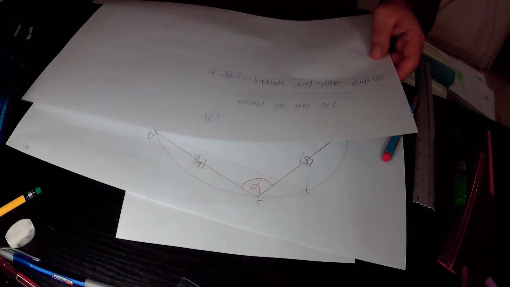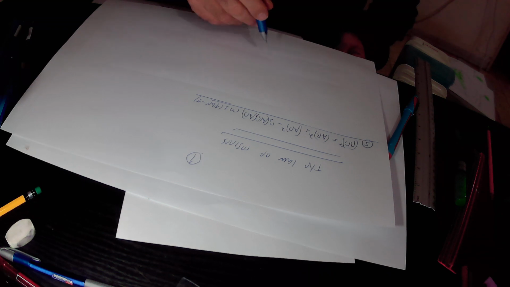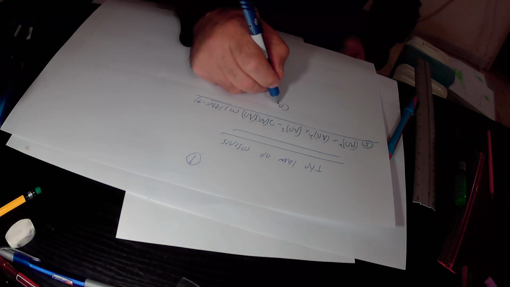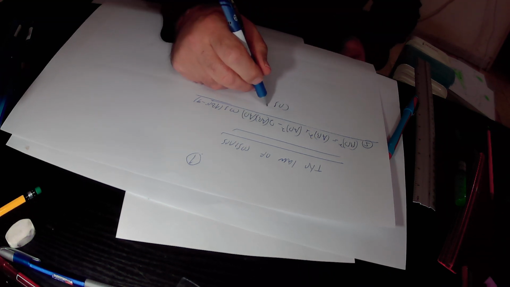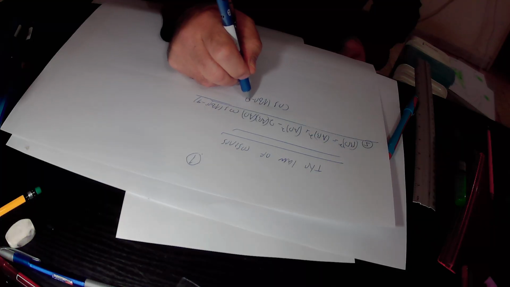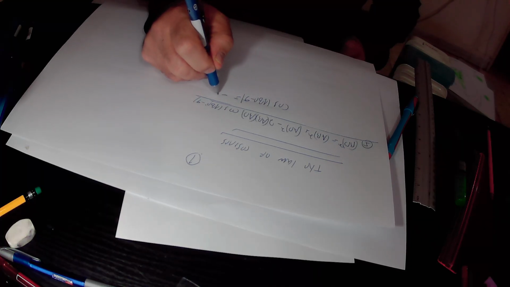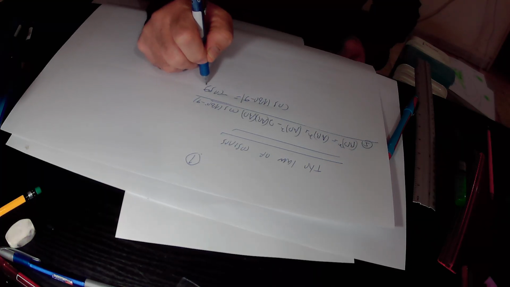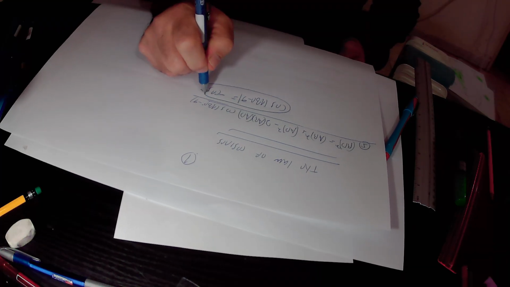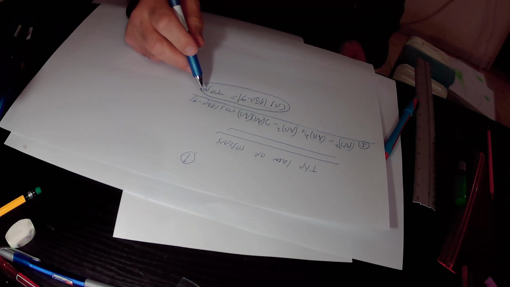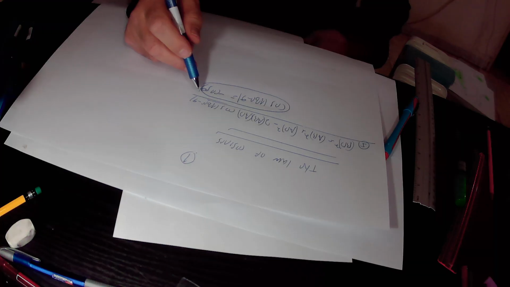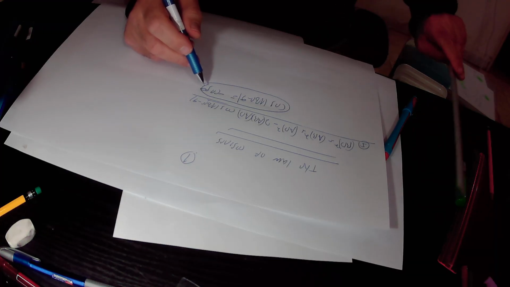We have the trigonometric identity that says that cosine 180 degrees minus alpha equals minus cosine alpha. Therefore, we can substitute cosine 180 degrees minus alpha in this equation 1 by minus cosine alpha. We will do it now.